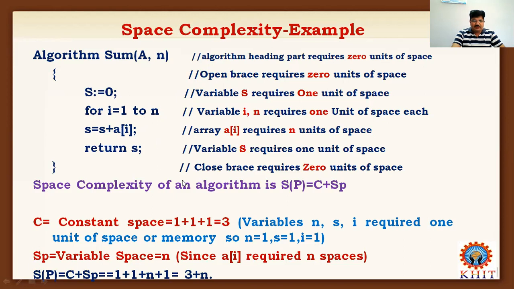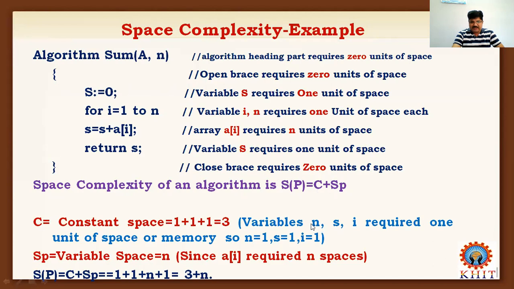And finally, the question is how to calculate the space complexity of an algorithm. We can use one formula: S of P equal to C plus SP. Here C is a constant part. The variables S, I, N are constant parts.